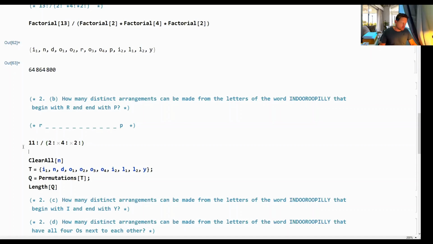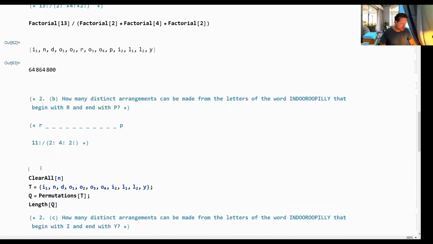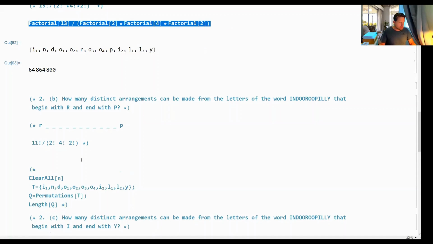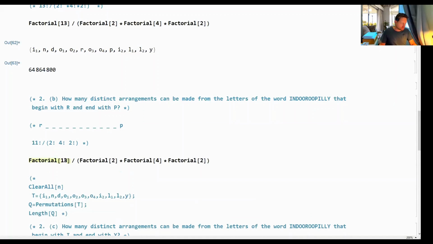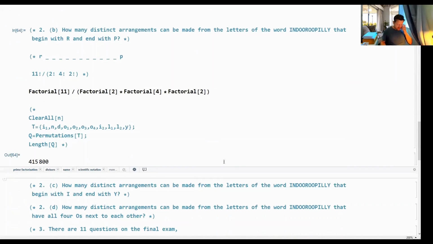So let's do this in code. I'll take this and I'll put it down here. Okay, and actually I don't have anything special to run here, so I'll comment that out too. And we'll just take this calculation, do it again, but with 11 factorial in the numerator. Okay, so this time we get 415,800 as the arrangements of the letters of the word interpilly that begin with R and end with P.